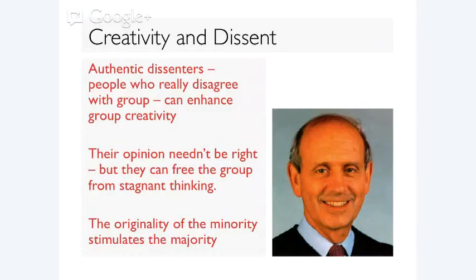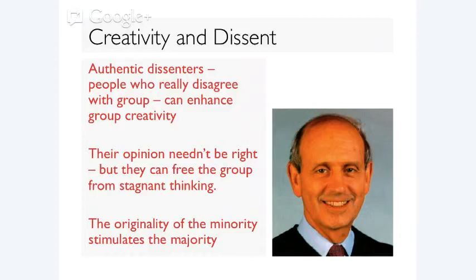Just like you saw in the brainstorm, like Velcro seats and Velcro pants. That's probably not the right solution for the shopping cart, but it just puts another point on the map that allows you to react to it and maybe to take some tangent off of it that gets you to some concrete space. So the originality of the minority really can stimulate the group as a whole.